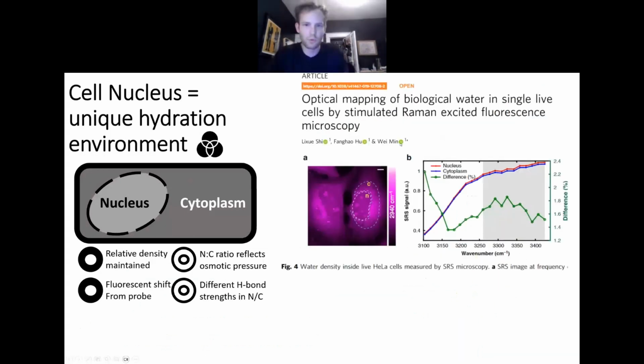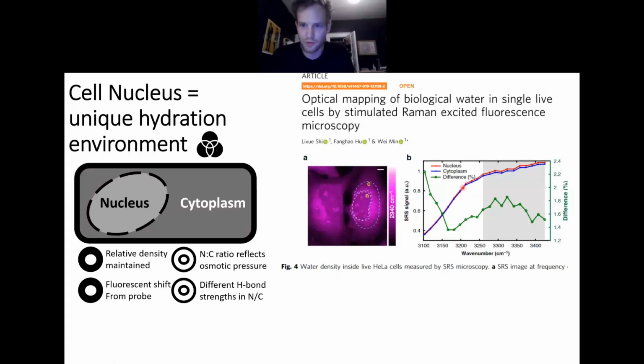And this result was supported, with an identical result, from another paper titled Optical Mapping of Biological Water in Single Live Cells by Stimulated Raman Excited Fluorescence Microscopy. It does almost an identical type of experiment, but they add one more SRS signal, where they measure water density inside live HeLa cells by SRS microscopy.